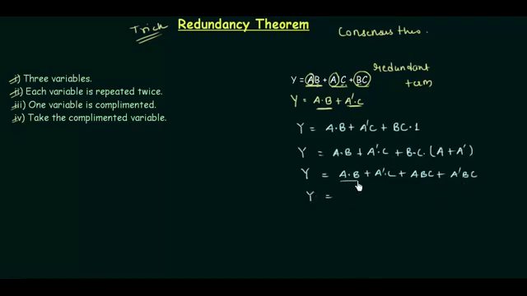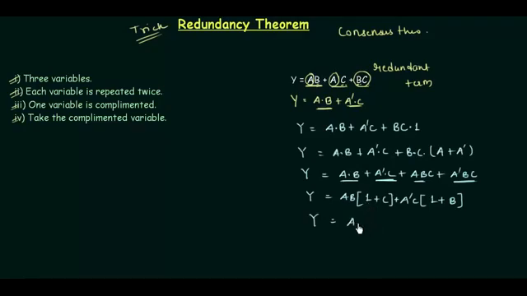Now you can see AB is common, so I will take AB as common, and here I am left with 1, and from here I will have C, whereas A complement C is common in these two terms, so I will have A complement C, and from here I am left with 1, and from here I will have B. And you very well know that if anything is ORed with 1, the output is going to be 1.